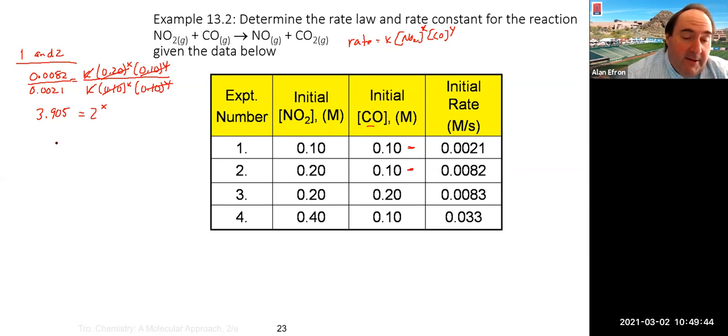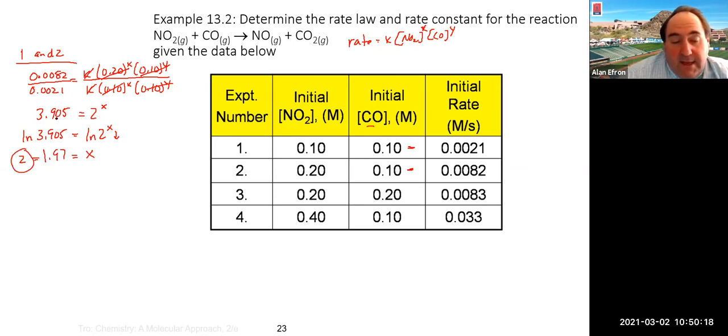But if we take the natural log of both sides, the natural log of 3.905 is equal to the natural log of 2 to the X, we end up with the natural log of the answer there divided by the natural log of 2. When we do this, the X will come down. X is equal to, in my case, 1.97, which is pretty close to 2. So we could round in this case to 2.